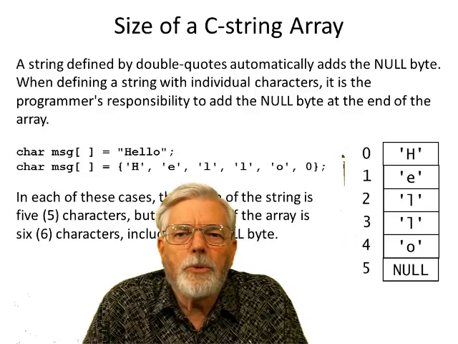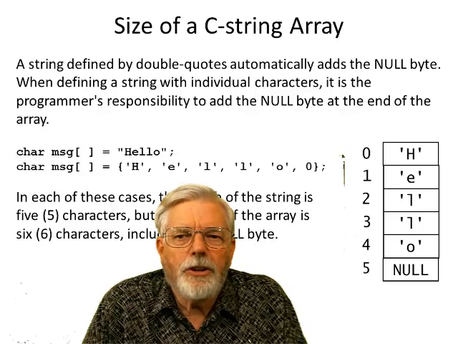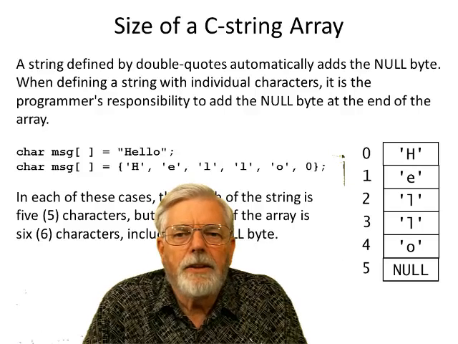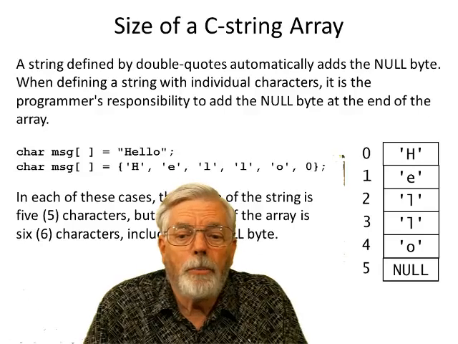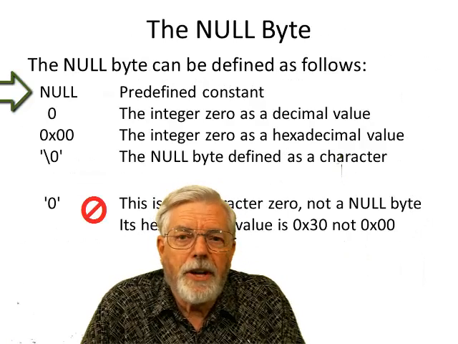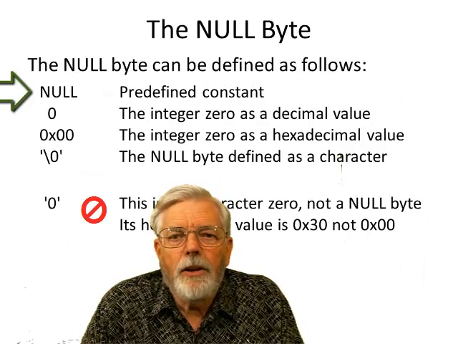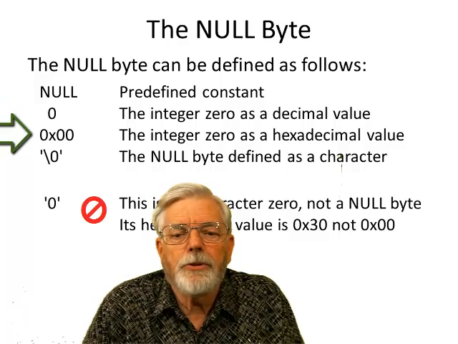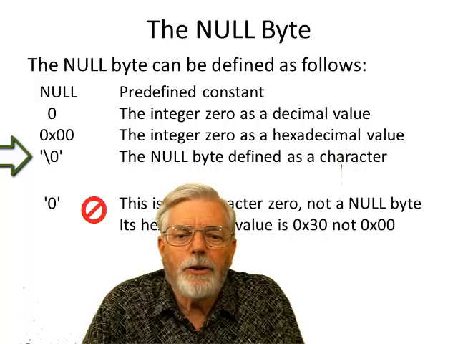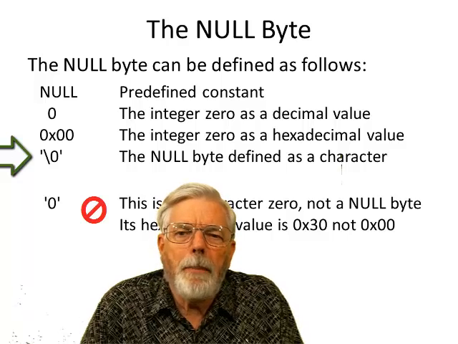Anytime you're working with a string and you create the array yourself, you have to specify the number of characters that you want plus 1. You have to make sure that you leave room for the null byte. We can either specify the null byte as NULL, or a decimal 0, or a hexadecimal 0, 0x00, or as a character, I have to put the backslash there.